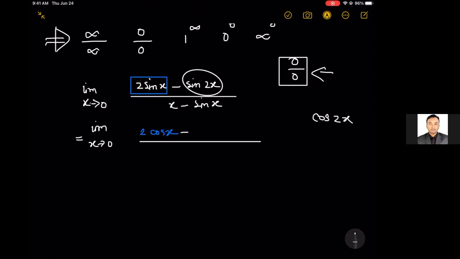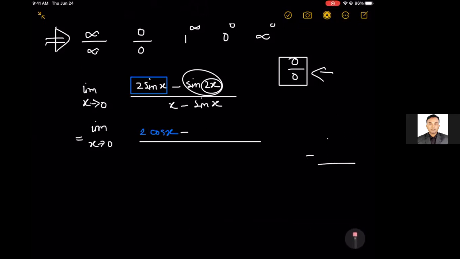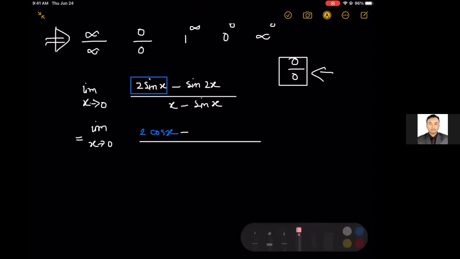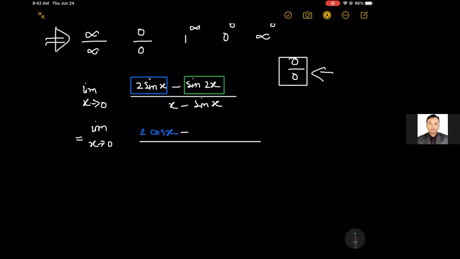But the formula is actually for sine x, it's not exactly x. So we need to use the chain rule, in other words, multiply by the derivative of 2x. And the derivative of 2x is definitely 2, right? So it's 2 cosine 2x. Do you agree? I'm just using the chain rule.